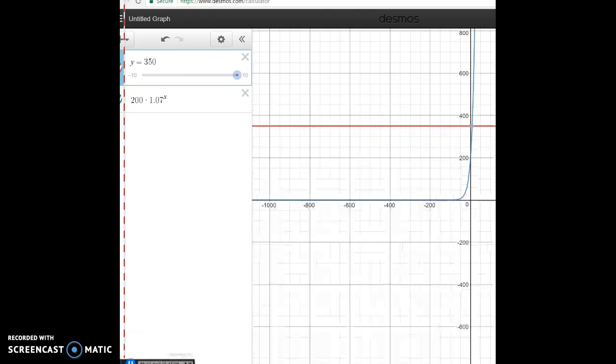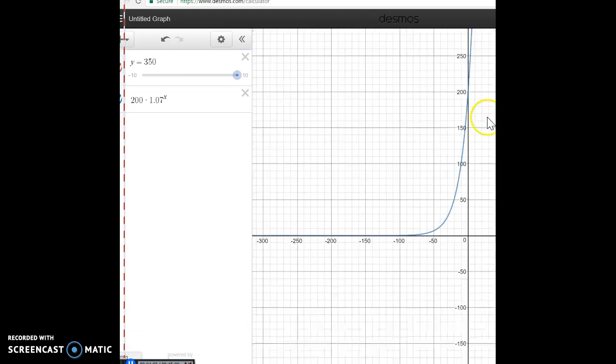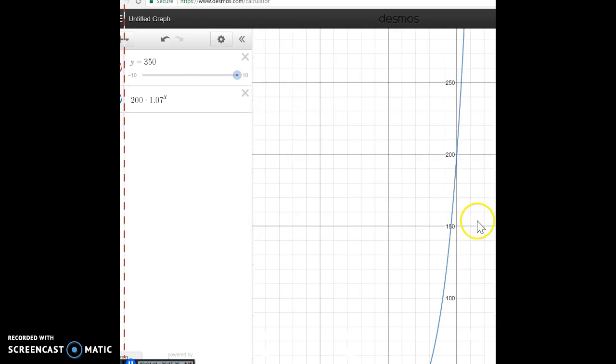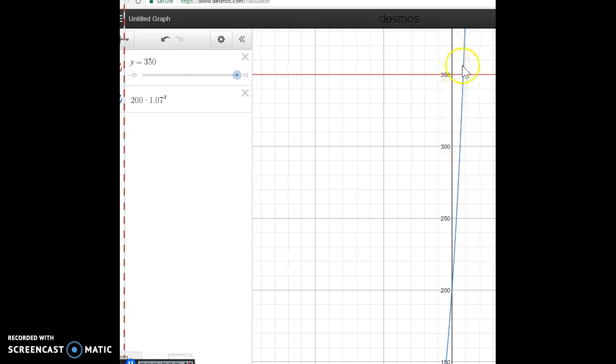So what we can do is zoom in, and where those two lines intersect is going to tell us the number of years we have until this happens. So it looks like our point of intersection is 8.271, 350. So that means that we're going to hit that carrying capacity of 350 deer in 8.27 or 8.3 years.